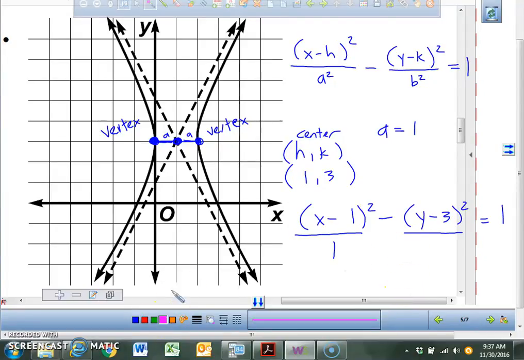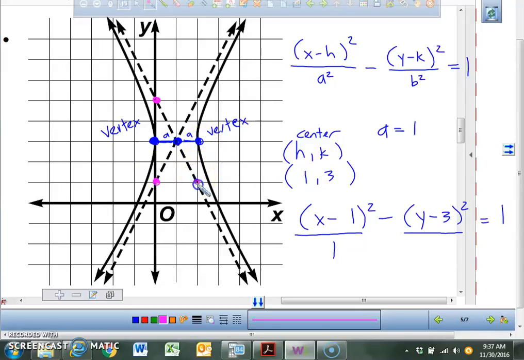Now, what I told you yesterday was how do we build our rectangle that helps us with our asymptotes? From the vertex, go up until you reach your asymptote and put a point right here. Or go down from your vertex and put a point.